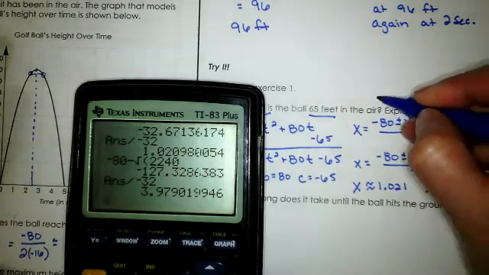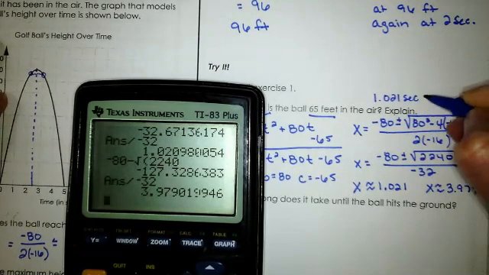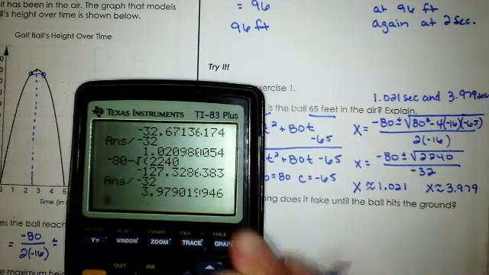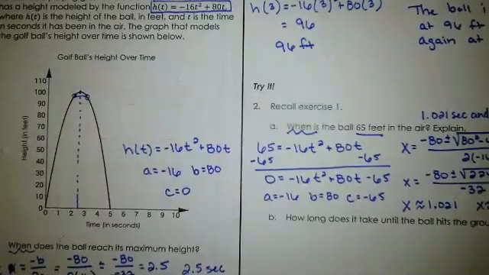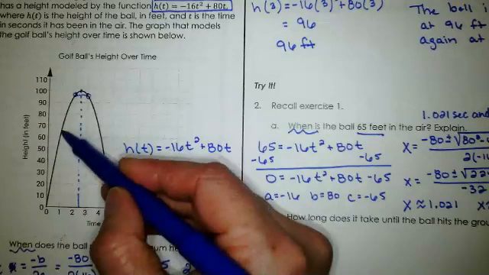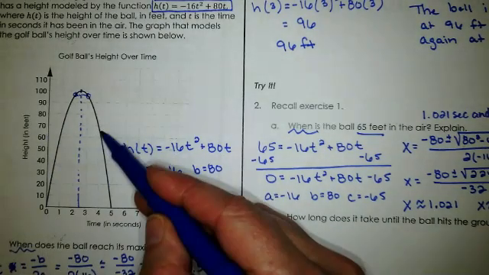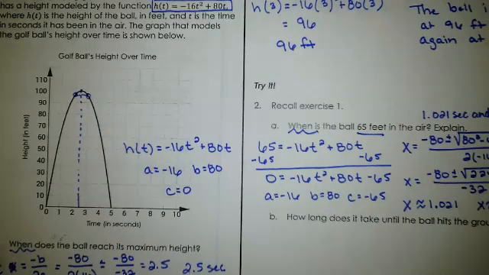So at 1.021 seconds and 3.979 seconds, the ball is at 65 feet. So if we go look at our graph, find 65 feet, it touches just after 1 second. And again, it looks like it's just before it gets to 4 seconds.